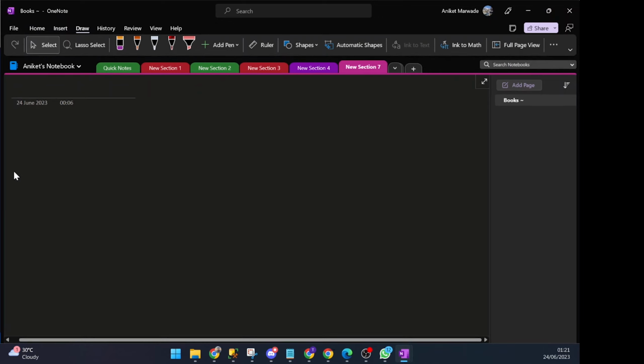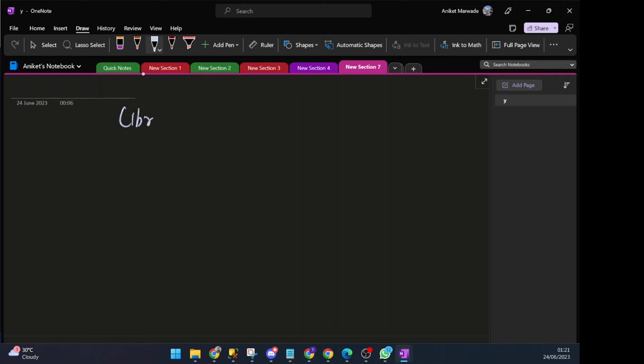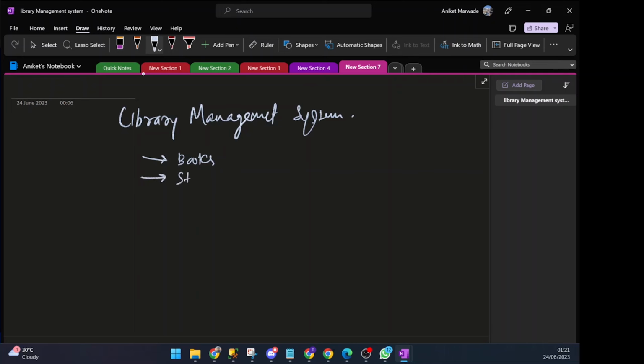We have a library management system. So what tables can we include in this library management system? First, let's say we have books. Books are important for a library. Let's say we have staff of the library.